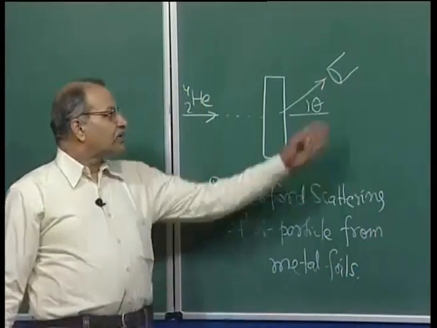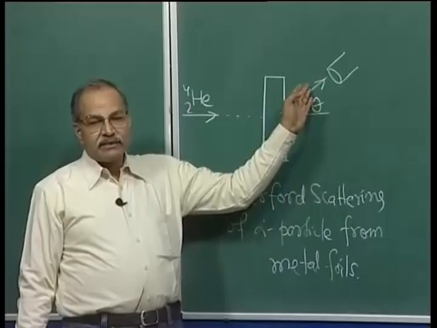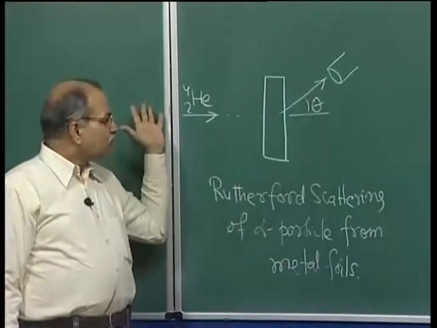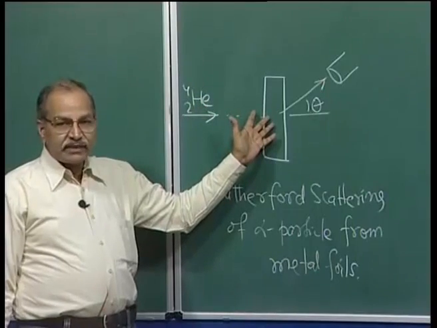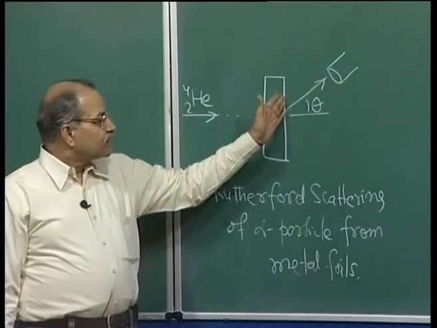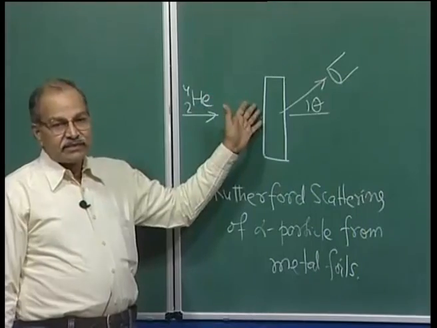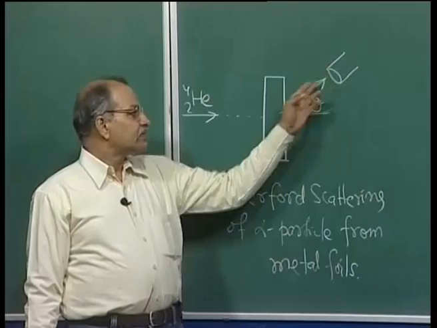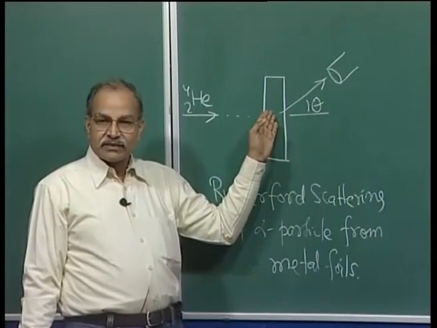So, the number of particles which are detected at a particular scattering angle theta will depend on the number of particles that are falling on the target in that time, the number of target nuclei with which it is interacting, and the solid angle subtended by this detector, all those things.